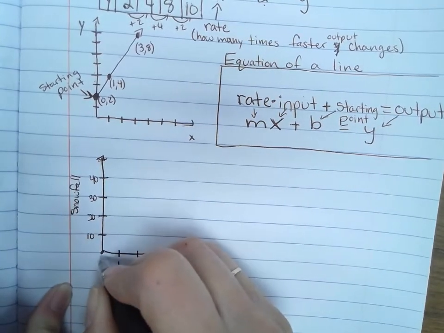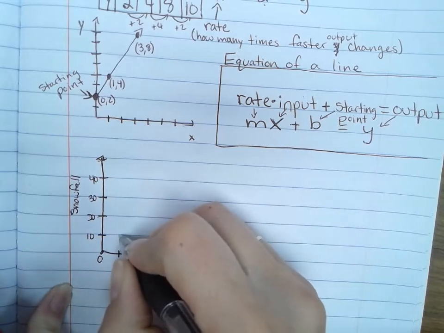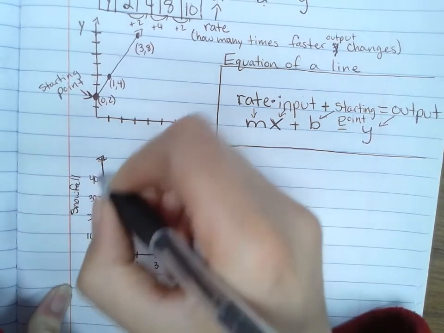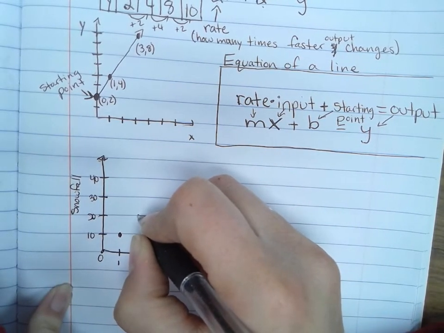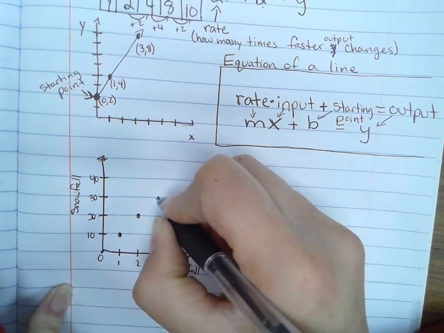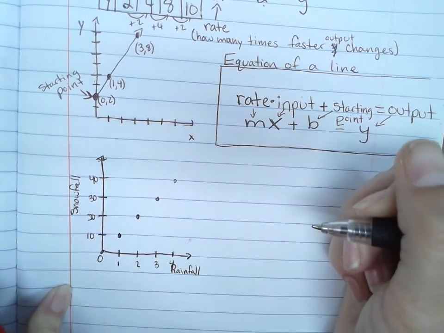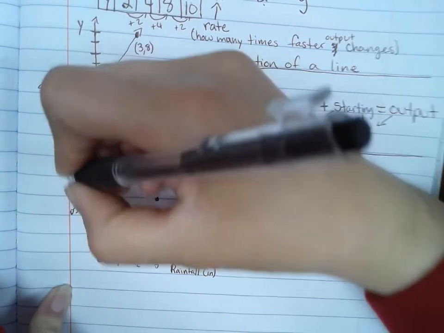Okay, this corner is always 0. So 1 inch, 10 inches, 2, 20, 3, 30, 4, 40. Okay, let's put in inches here just so we remember what this was.